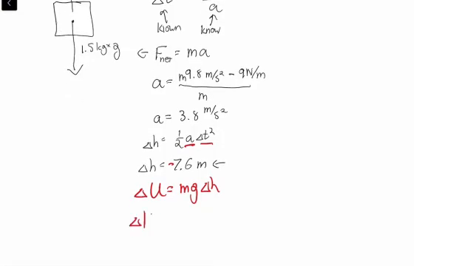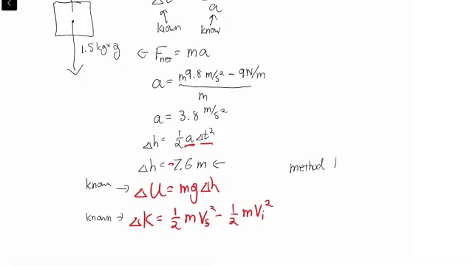And delta K is 1/2 m v final squared minus 1/2 m v initial squared. So that's method one for solving this problem.